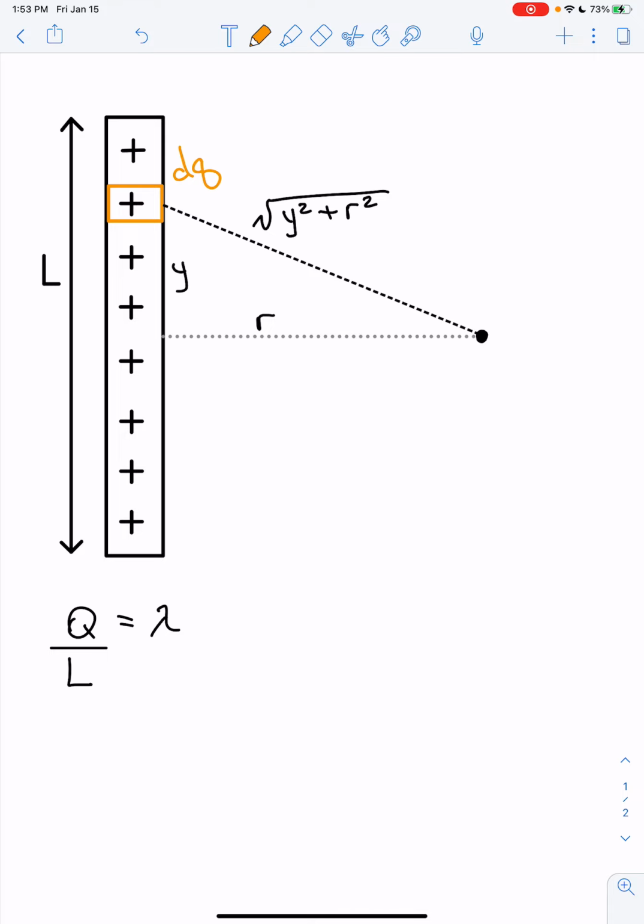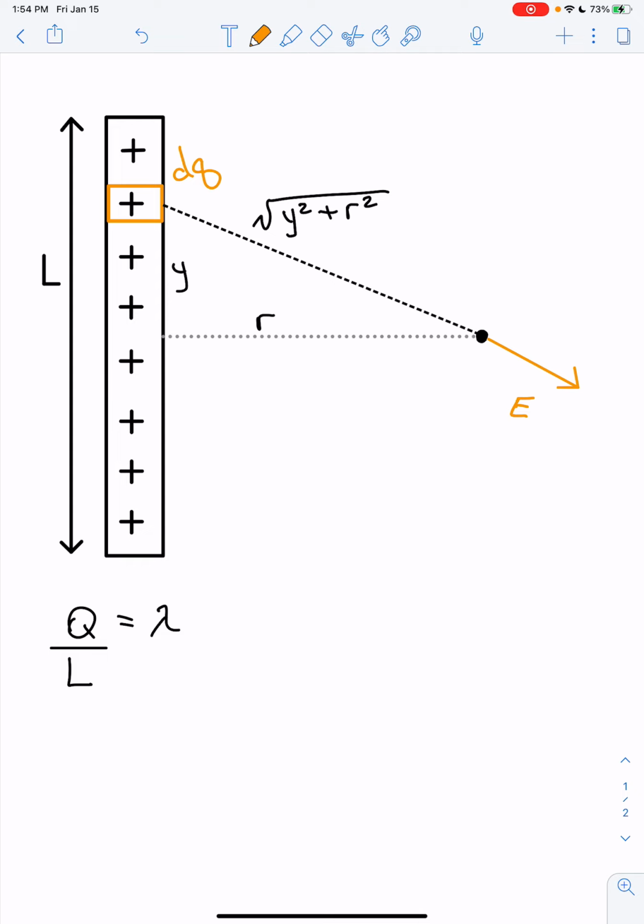So we're going to have an electric field that is basically like this, with a little better arrow here. So we're going to have this electric field produced by dq.